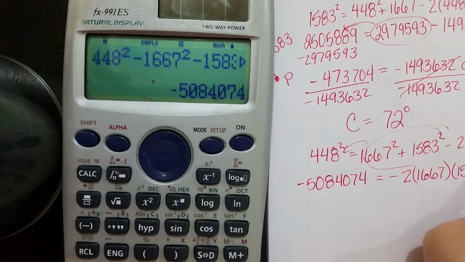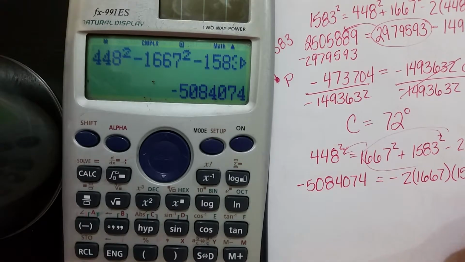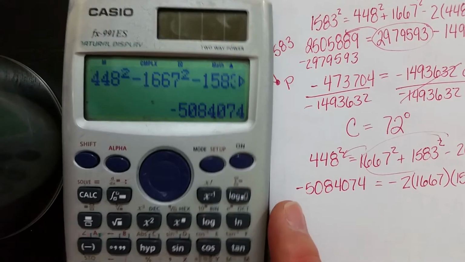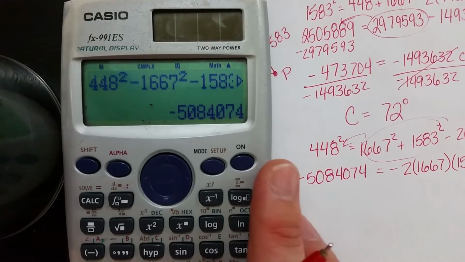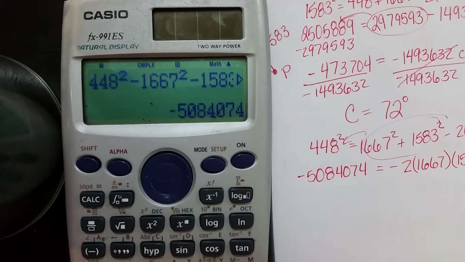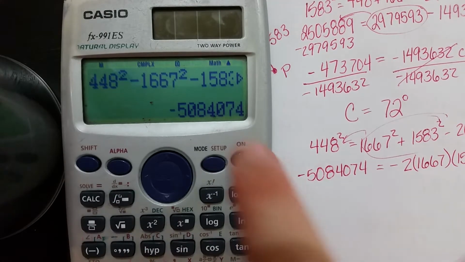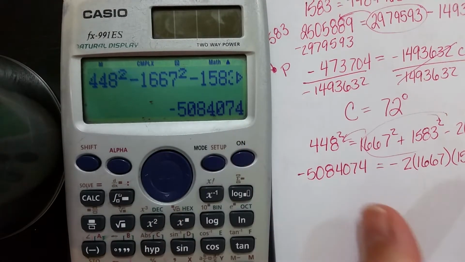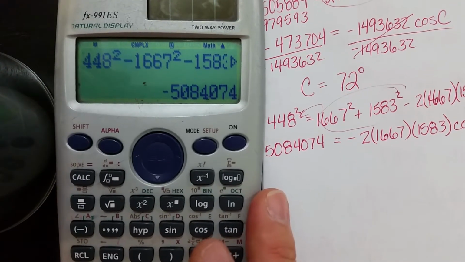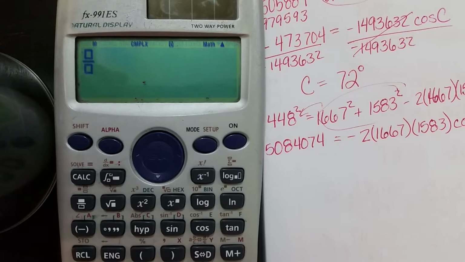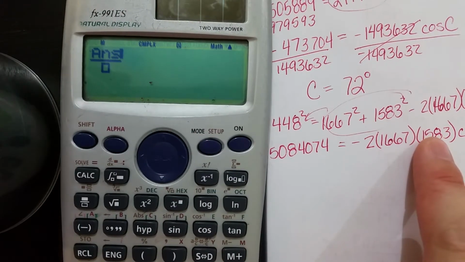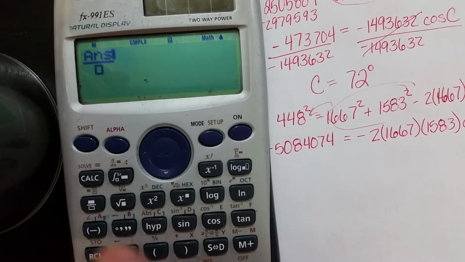If you can do all of this in the calculator without making errors, without showing every step, you will also be okay, but I just caution you because clearly there are lots of places where you could make small mistakes by accident. So I need to take this number and I need to divide by all of this. So what I'm going to do is I'm just going to set up a fraction, and I'm going to put the answer that I had on top, and then I'm going to put all of this on the bottom to divide by it.